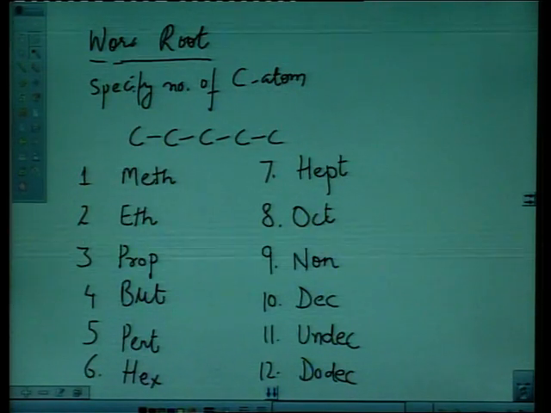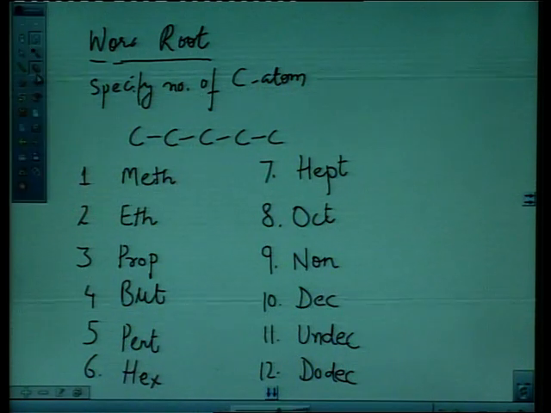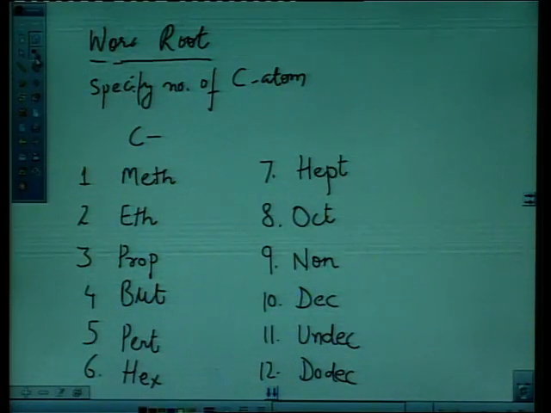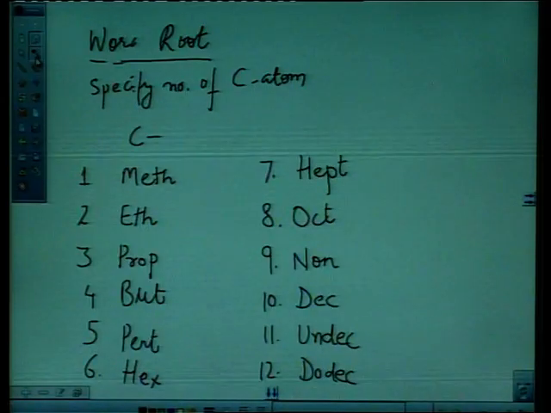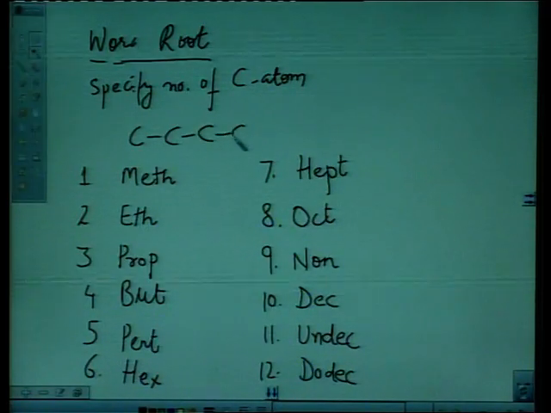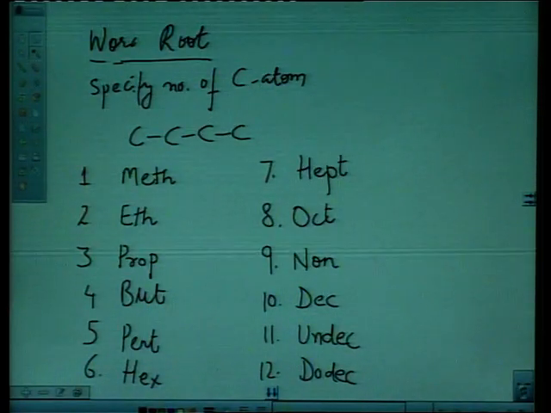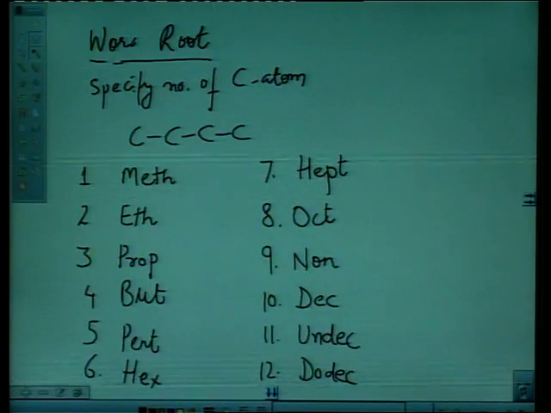If there are two carbons in the chain, the word root is eth. If there is one carbon, the word root is meth. If four carbons, the word root is but. According to the number of carbon atoms, we give the word root.